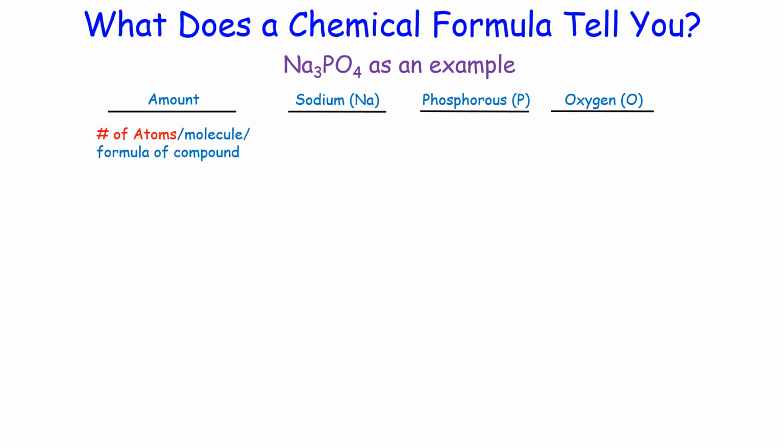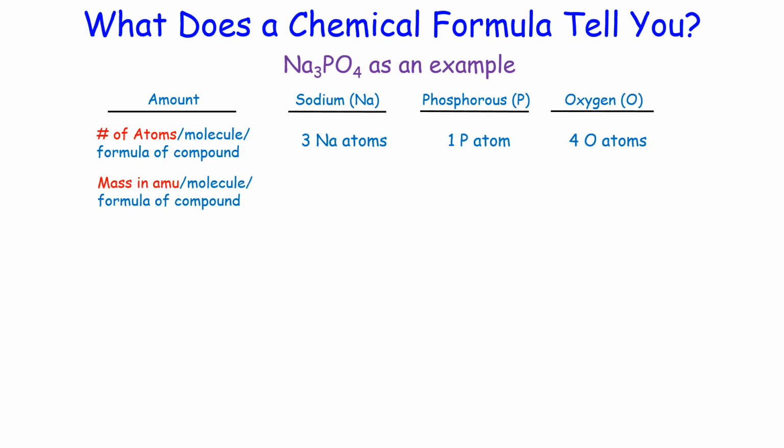Okay, first let's take a look at the number of atoms in each formula unit. For sodium, since we have the subscript of 3, we should have 3 sodium atoms. Phosphorus, 1 atom. Oxygen, 4 atoms.